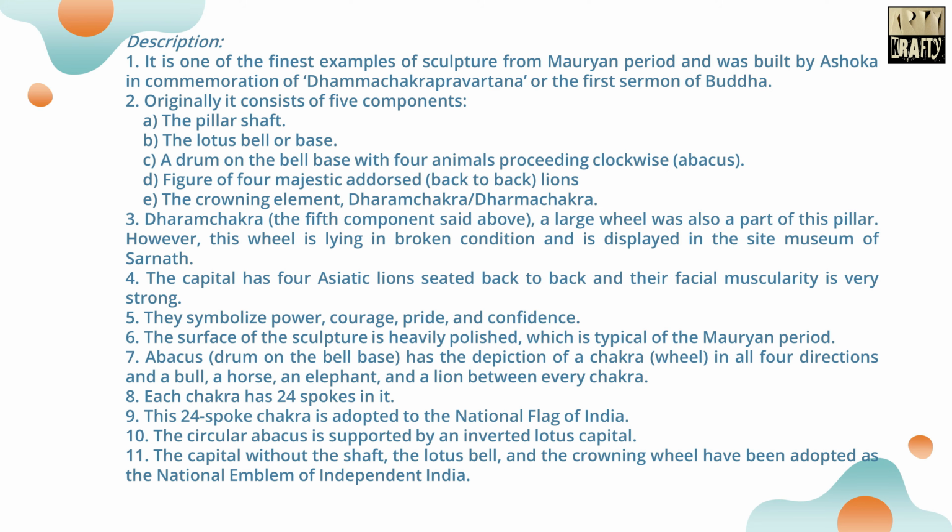This 24-spoke chakra is adopted in the national flag of India. The circular abacus is supported by an inverted lotus capital. The capital without the shaft, the lotus bell, and the crowning wheel has been adopted as the national emblem of independent India.